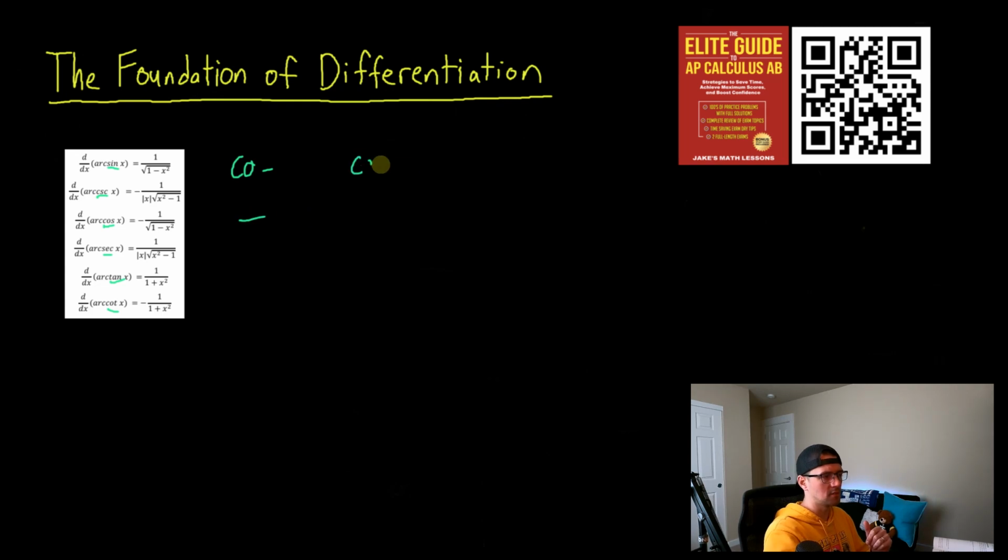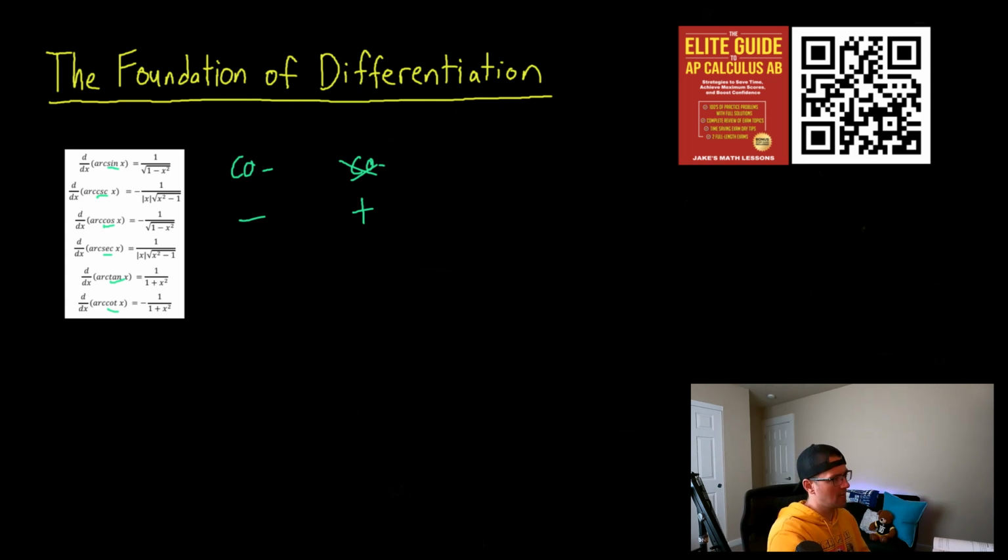And any that don't start with co, which are sine, secant, and tangent, their derivatives are positive. So if it starts with co, the derivative is going to be negative. If it doesn't start with co, the derivative is going to be positive. Okay, so that's the first thing you want to remember.